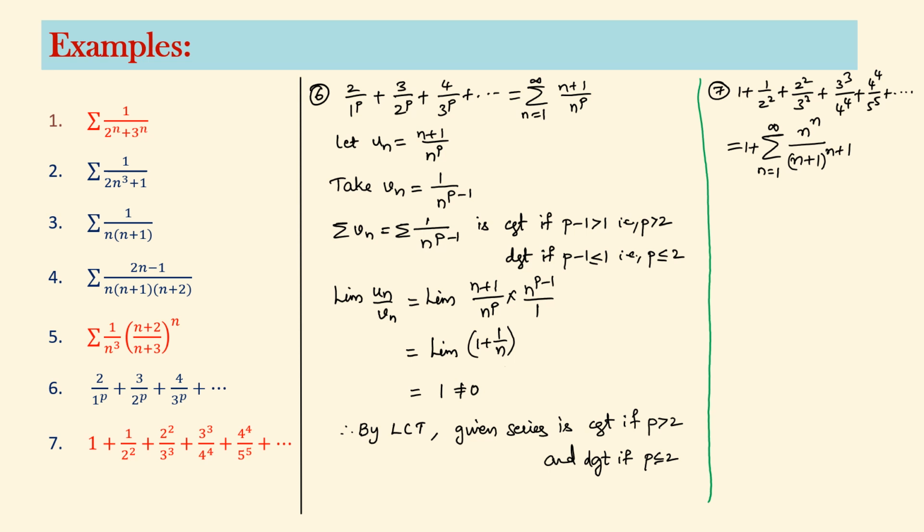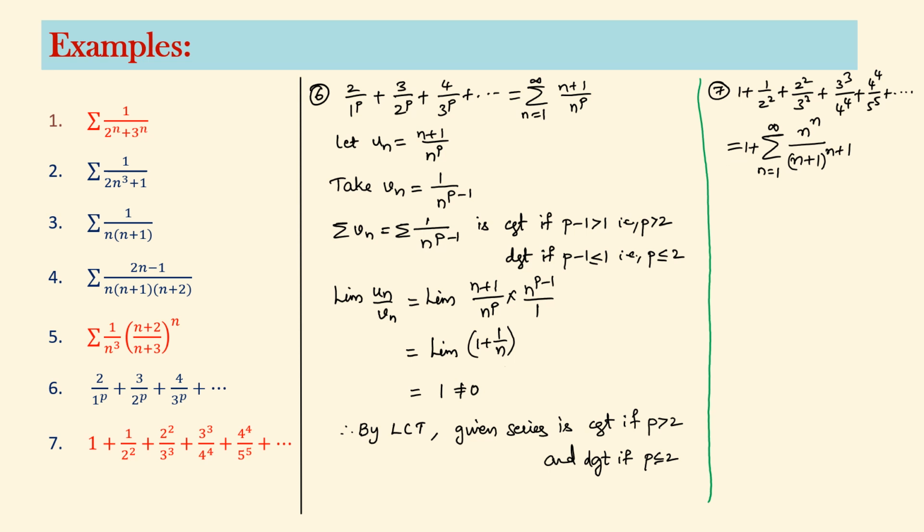So let us consider only this as our un and proceed. If this converges, then the whole series 1 plus also converges. If this converges to L, then the whole series converges to 1 plus L. So it does not matter if you consider 1 plus or omit it.